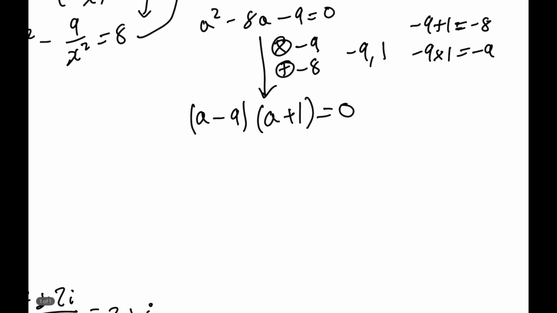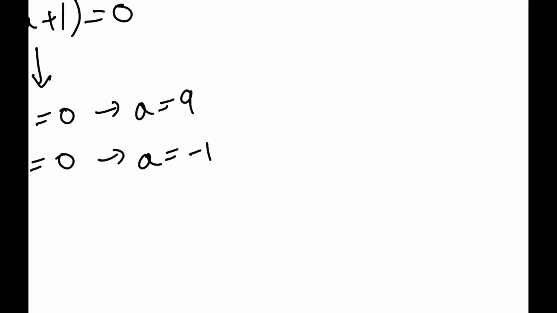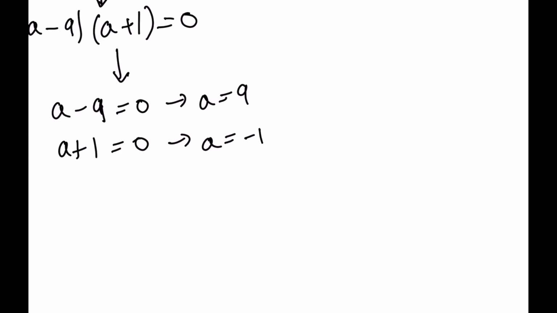Now we can just separate each one: a minus 9 is equal to 0 and a plus 1 is equal to 0. So we'll get a is equal to 9 and a is equal to minus 1. Since a is equal to x squared, we can write x squared is equal to 9 and minus 1.